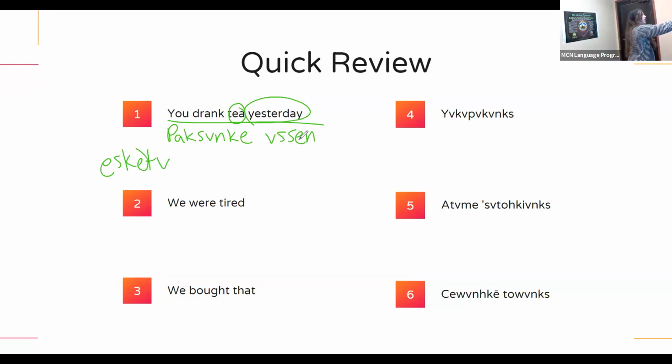Drop the ida, so we have isk. Then it's the person marker for you, and for past 2, that last E drops and we go straight into unk. It's iskunk, and then we add our S. So baksangi asin iskit skunks.